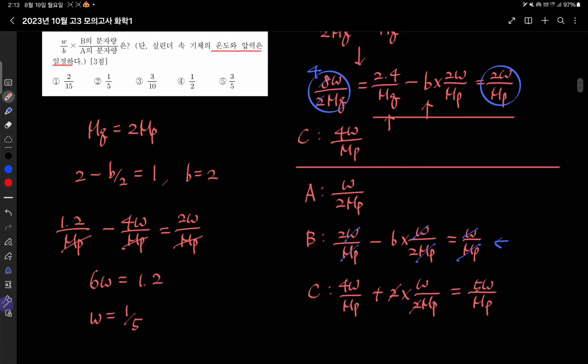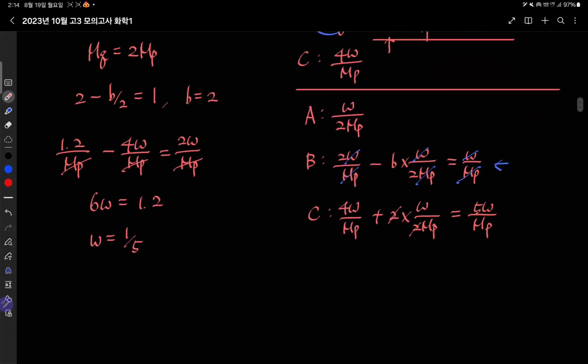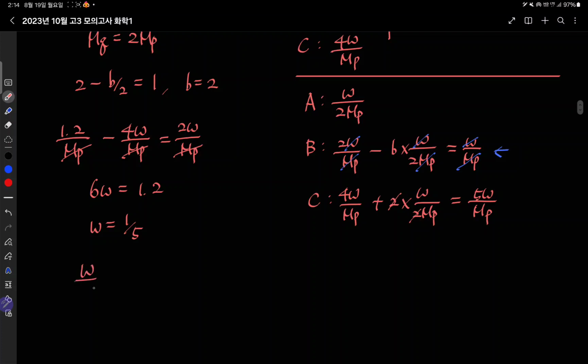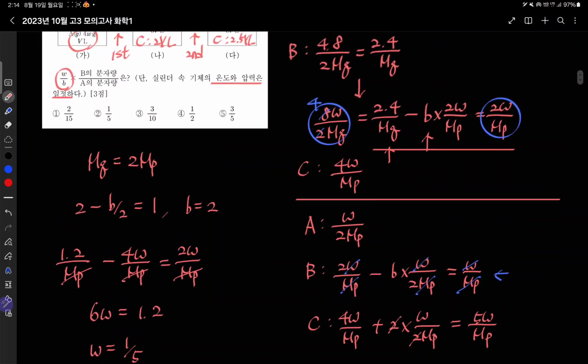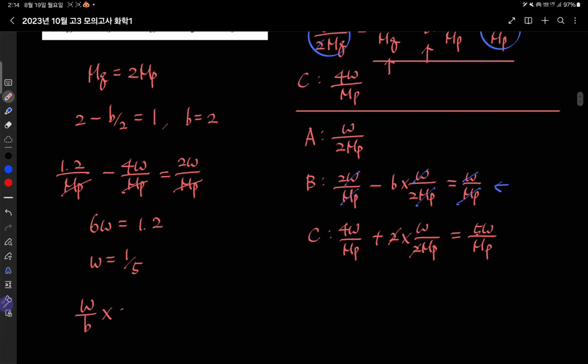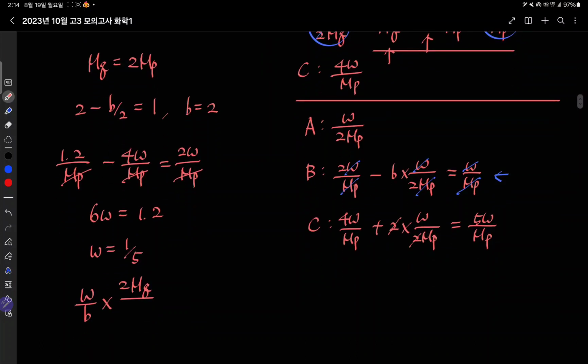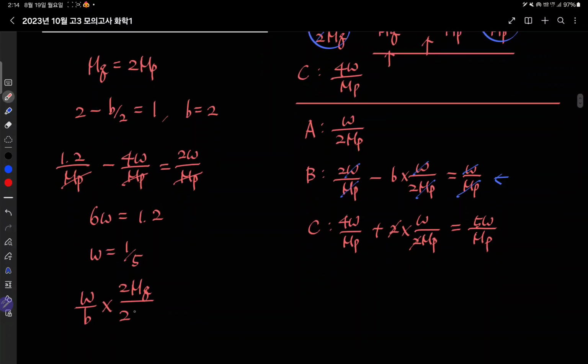So finally, the value we want to find is W over b times the molecular weight of B, which is 2 times MQ, and the molecular weight of A, 2 times MP.